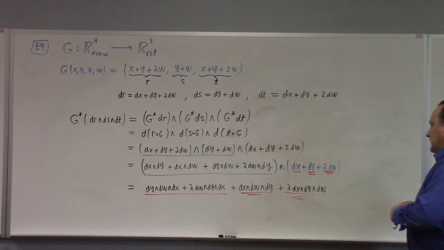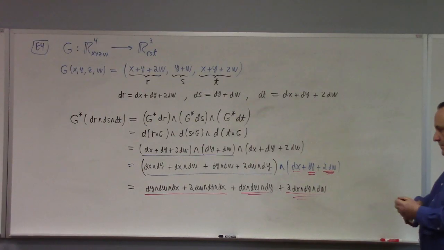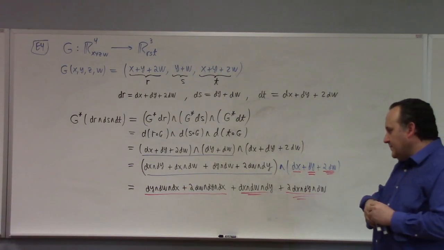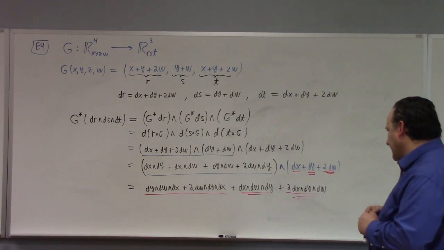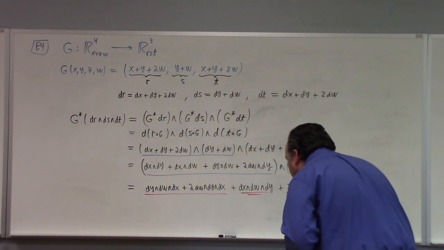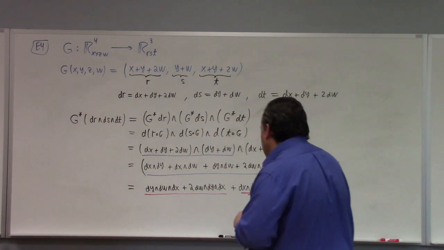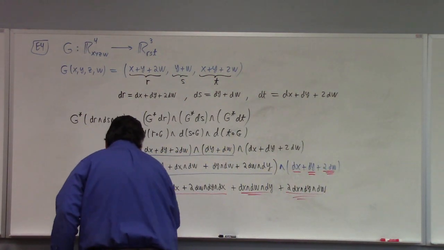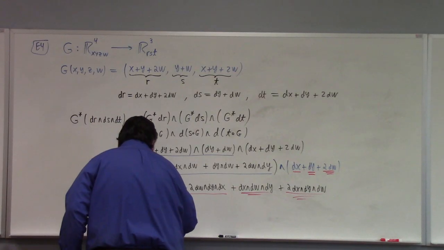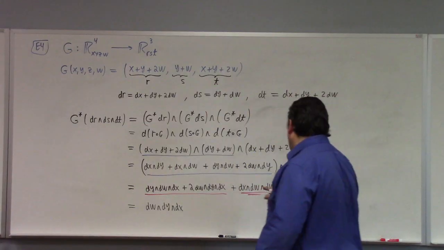Is there any commonality between these terms? The first one's just dw, dy, dx, because you can switch the first term, then it goes negative. So I've got dw wedge dy wedge dx to start with from these two terms. How about these?